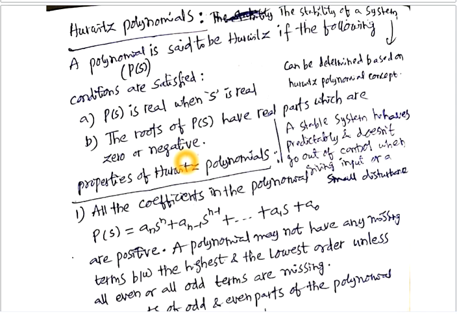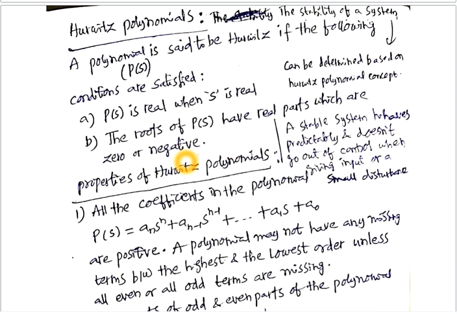Now, when can we say a polynomial is a Hurwitz polynomial? First of all, what is this Hurwitz polynomial? It basically decides the stability of a system, and we all know the importance of stability because it gives the controllability for any system, so that it will not go out of control when we give any input or even for any small disturbance.